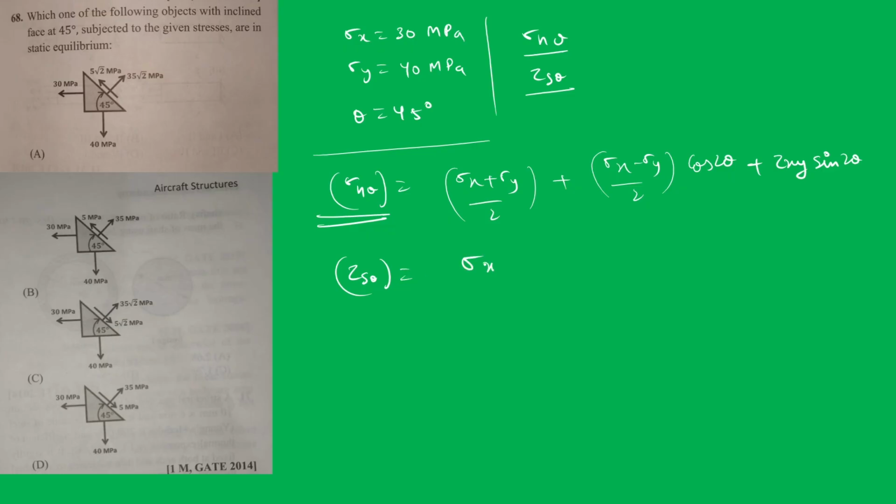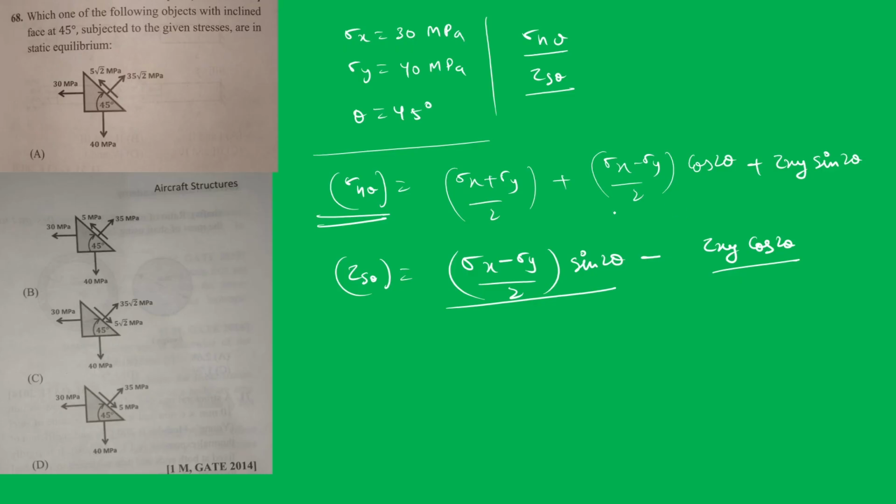This is sigma x minus sigma y by 2 sin 2 theta, minus tau xy cos 2 theta. So that is this one. Now you can easily apply the formula, right?